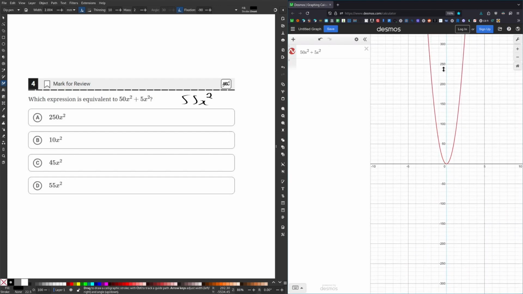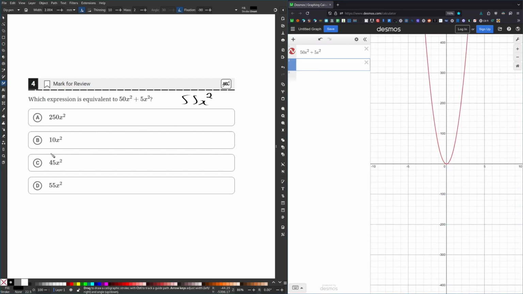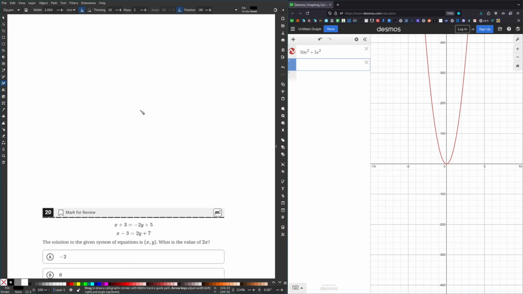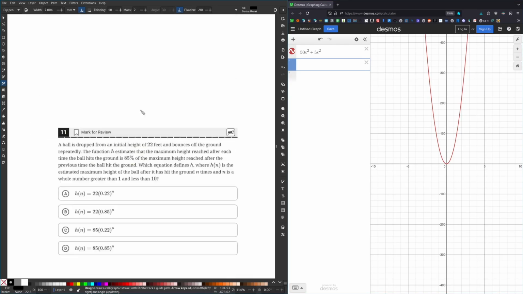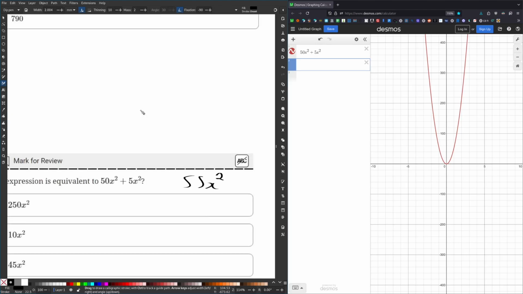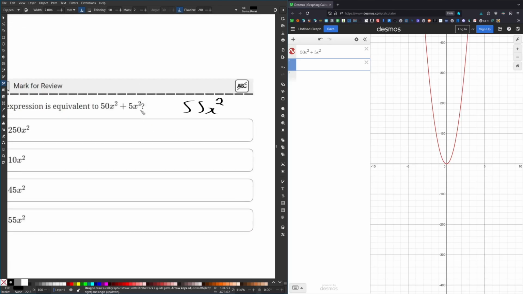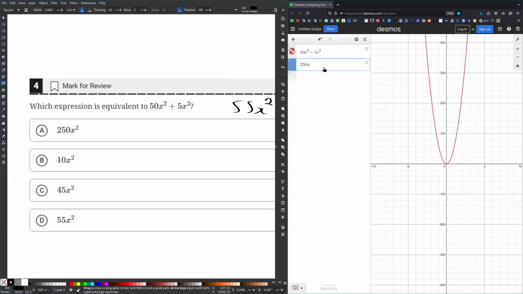What we're going to do is plug in every answer choice and see which one matches this graph. Okay, back to this one. We have 250x squared for the first one. Let's see if it matches the graph. Nope, so it's not A. Let's try the second one, 10x squared.